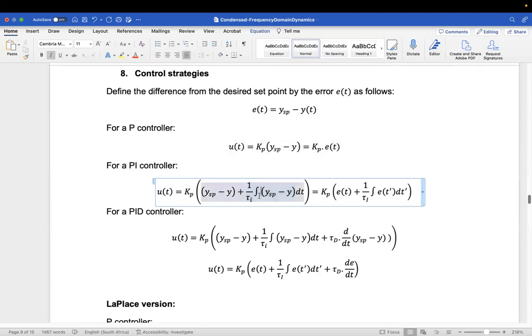So the limits are not shown, but in principle, it's from t0 to the current time t. So we just update that t0, the lower limit, to reflect the time when we did get onto the set point exactly. So there is some resetting required here if we don't want the historical error to force us to keep taking control action when we don't need to.